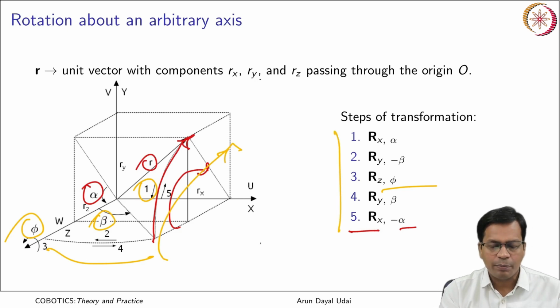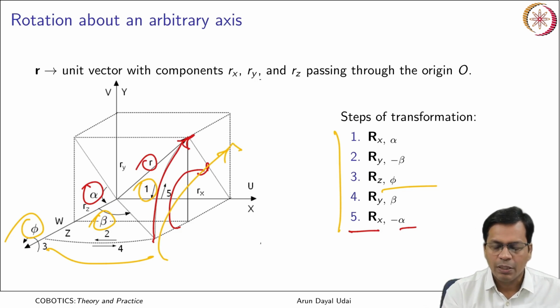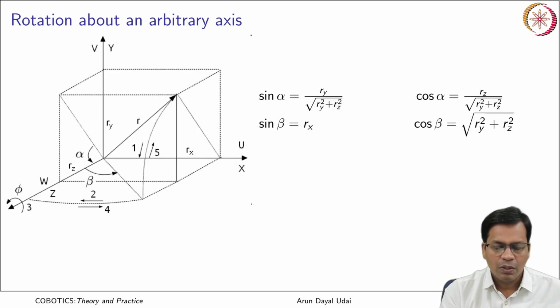So these are the 5 operations. Mind it, all the rotations were happening about the principal axes, so it has to be pre-multiplied. So let me first find out the angles also.